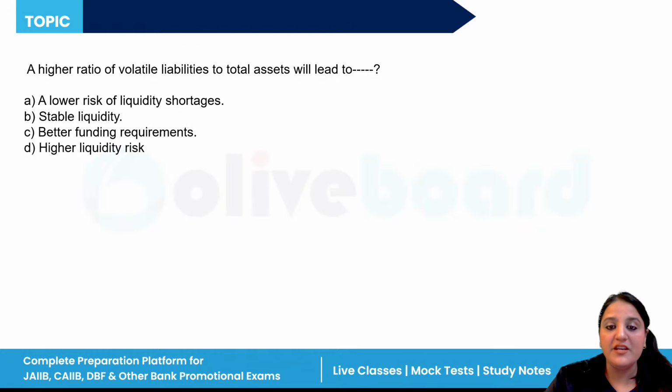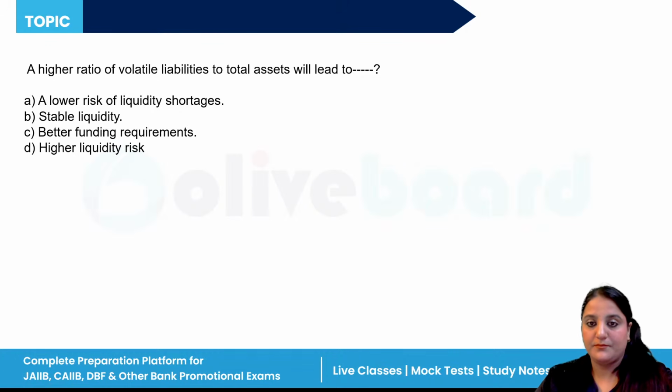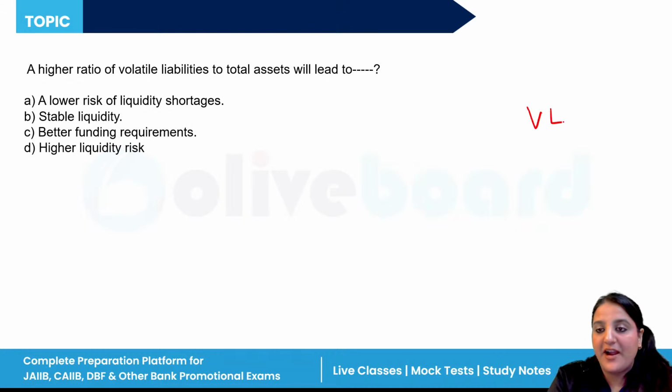A higher ratio of volatile liabilities to total assets will lead to what? See, the ratio is volatile liabilities divided by total assets, right?